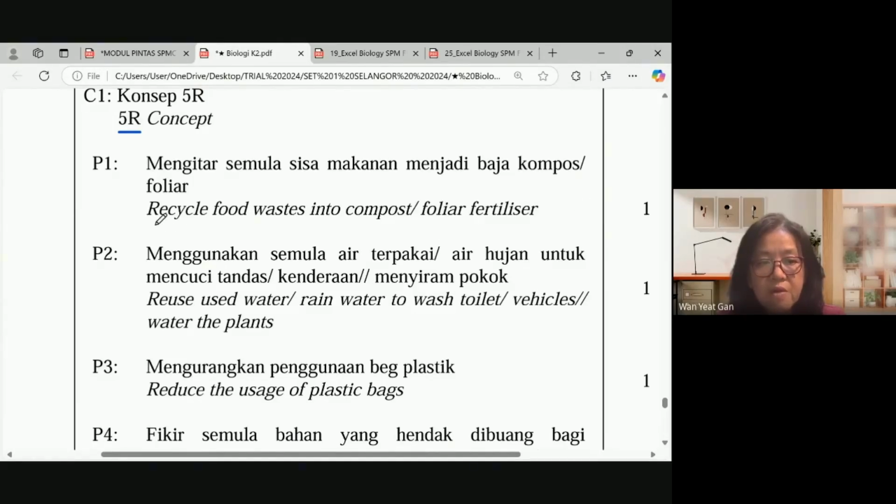First, the first R we can do is to recycle. Recycle anything that is food waste into compost. So instead of throwing away the food waste, we can turn it into compost or foliar fertilizer to enrich the soil. Okay, the next R is reuse. We can collect rainwater, and the rainwater is then used to wash toilets, vehicles, or even floor.